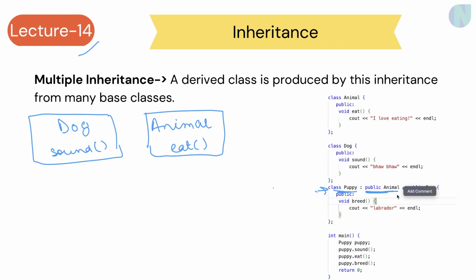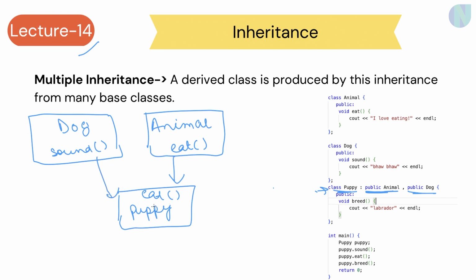You can see that there is a comma present here. So puppy derives from animal, having the eat method, and also derives from dog, having the sound method. And now puppy itself has a method called breed.